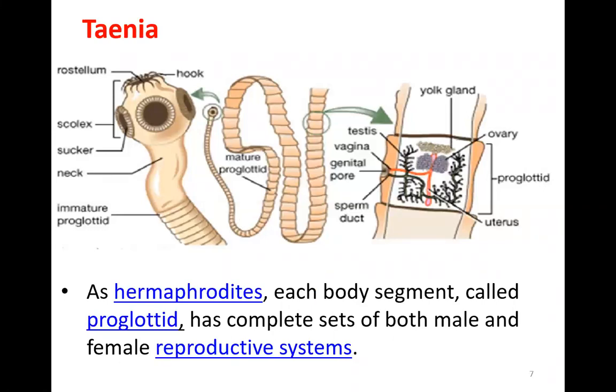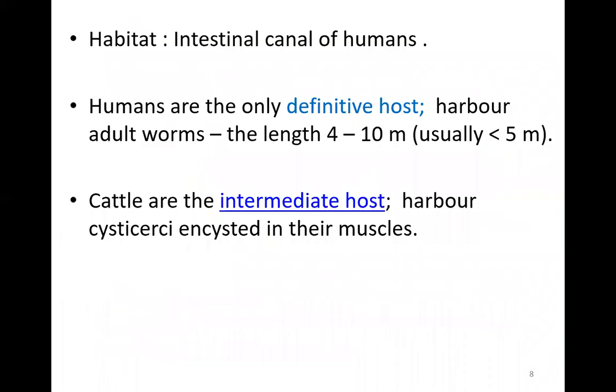Then at the end they become mature and gravid, and they separate from the body, migrate towards the anus, and are passed out in the feces. This parasite is a hermaphrodite. Each body segment, that is a proglottid, has complete sets of both male and female reproductive organs.